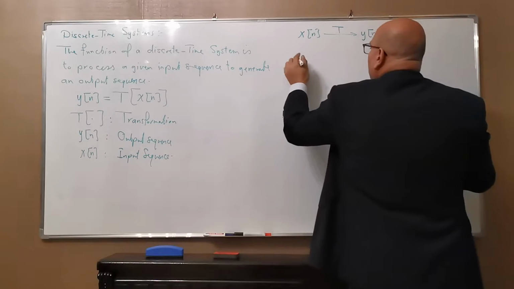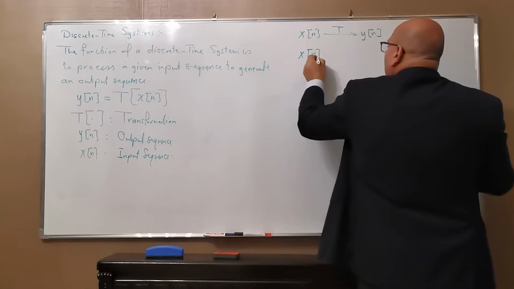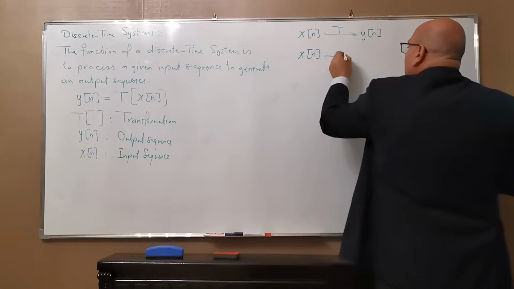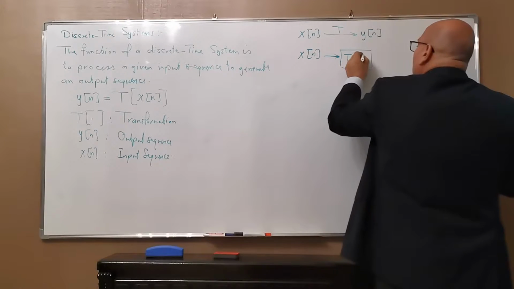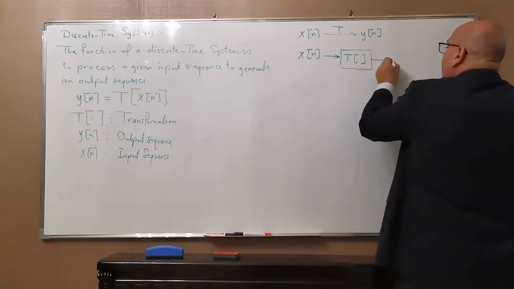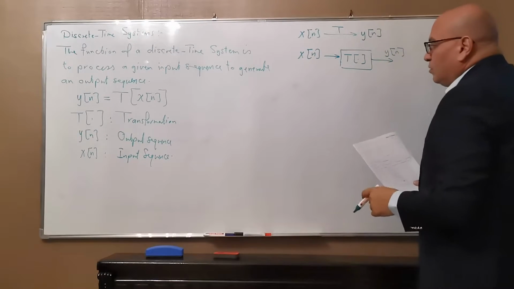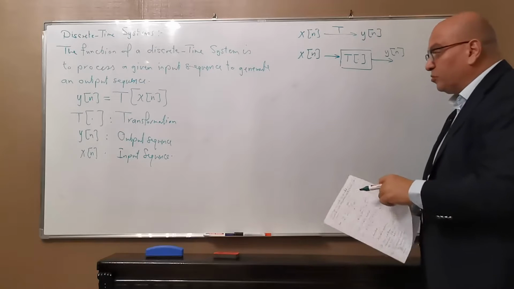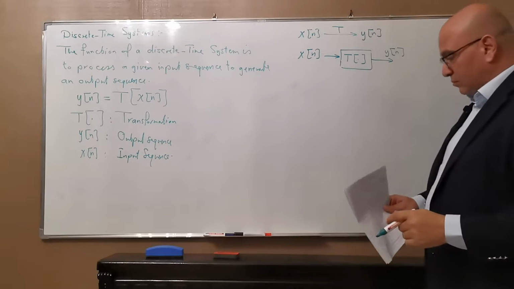We can also use a box representation and say that we have x of n going to a system with T, whatever T is, and then you get y of n. So all those are different representations of a discrete time system.